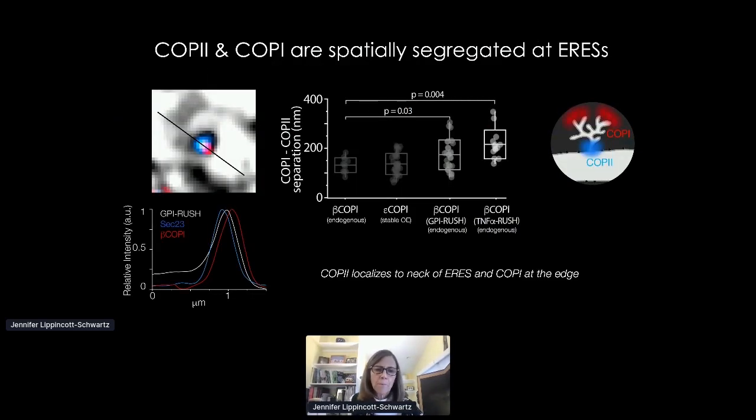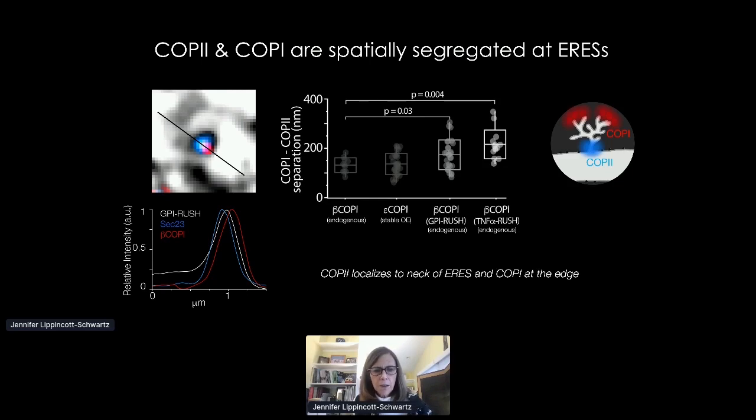We could also map onto these structures the localization of key machinery that's involved in regulating them. Of course, COP2 is thought to be the primary gatekeeper for movement of cargo into these structures, and we could look at that in relationship to a different type of coat protein, COP1, which we found was actually also at these ER exit sites, but spatially segregated from the COP2.